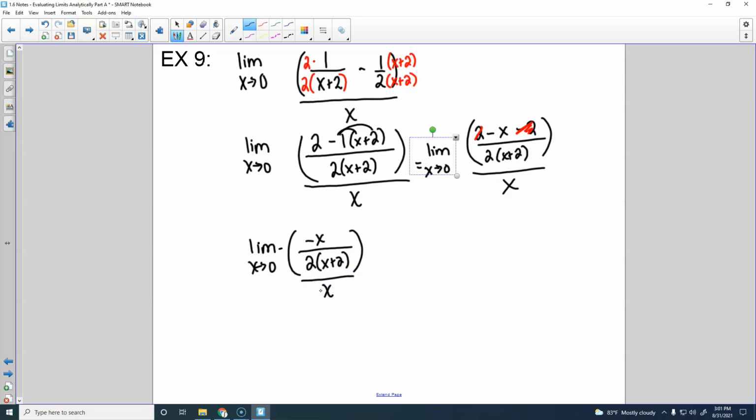Now, at this point, I could make this a fraction. Dividing fractions is easy as pie, flip the second and multiply. So I got negative x over 2 times x plus 2, times 1 over x. Why is that good?